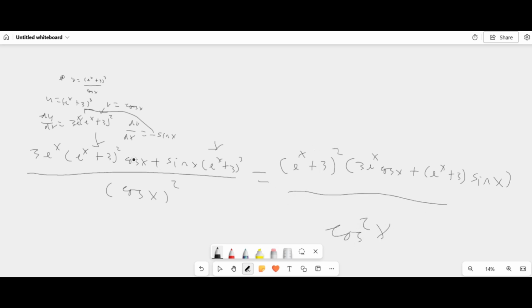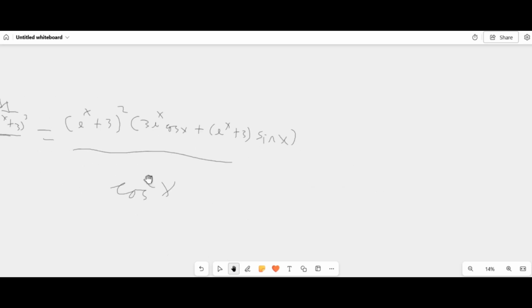The reason I got this is I just took it out of this, so you're left with 3e to the x cos x, and took it out of here, so you're left with sine x. And you were left with one of these because it was 3 and you took out 2. This is it, just at the end of the question.